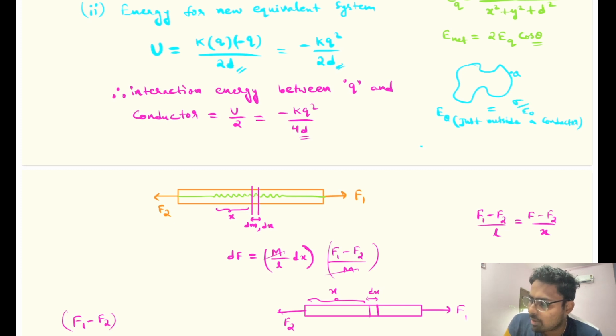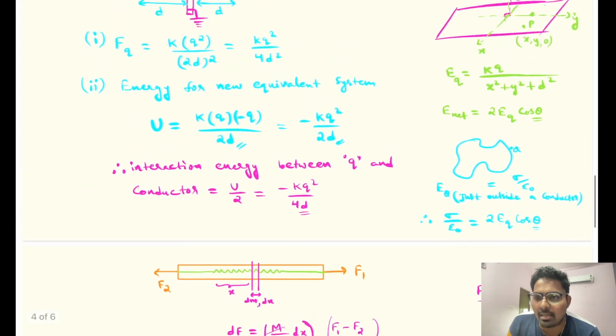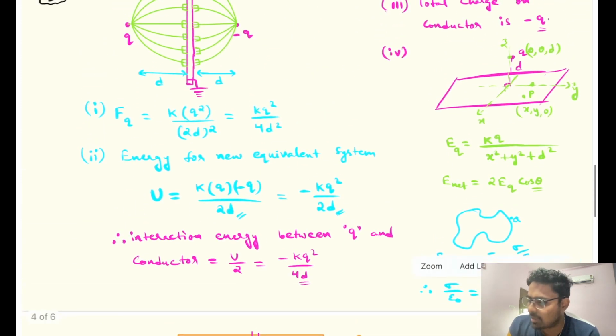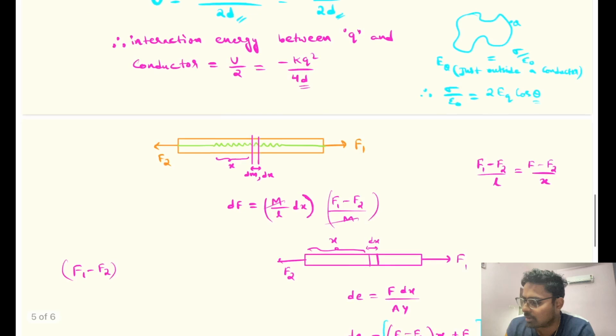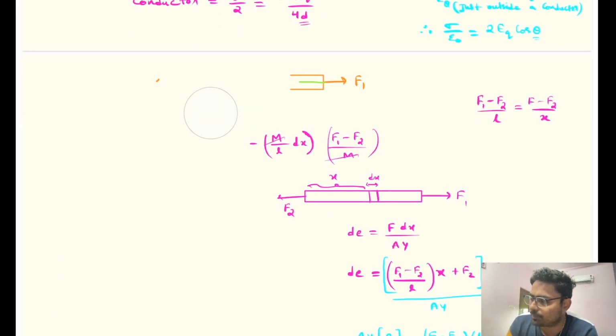Therefore, I equate this sigma by epsilon naught to whatever value I got, 2 E_Q cos theta, and in this way you can clearly see that.